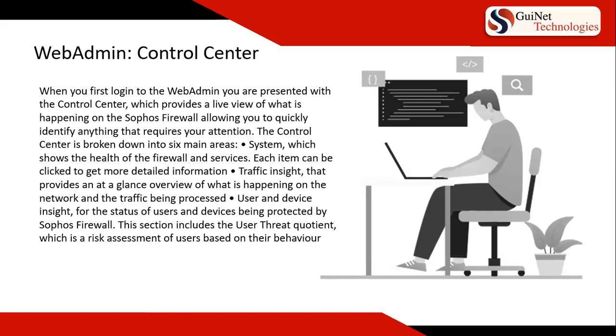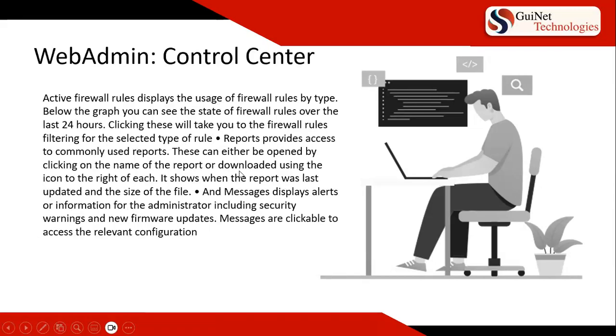You will get the traffic insight that provides an at-a-glance overview of what is happening in the network and the traffic being processed. You will get user and device insight for the status of the users and the devices being protected by Sophos Firewall. And of course, this will include the user threat quotient, which helps with risk management of the user based on their behavior.